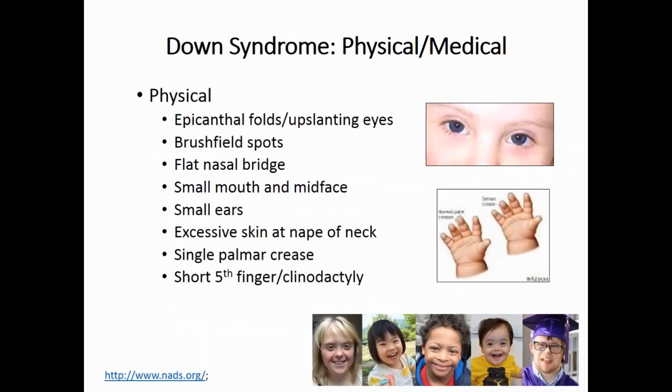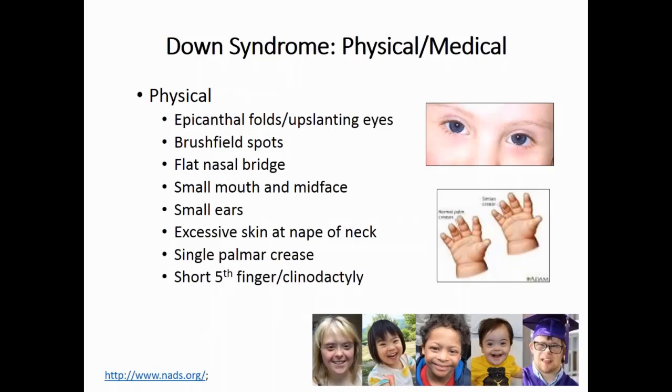Here are some of the common physical features of individuals with Down syndrome. There are prominent epicanthal folds, that's the skin fold of the upper eyelid covering the inner or medial portion of the eye. There's an upslant to the palpebral fissure of the eye.